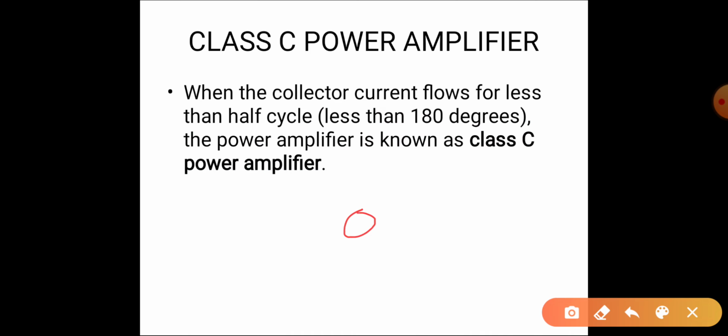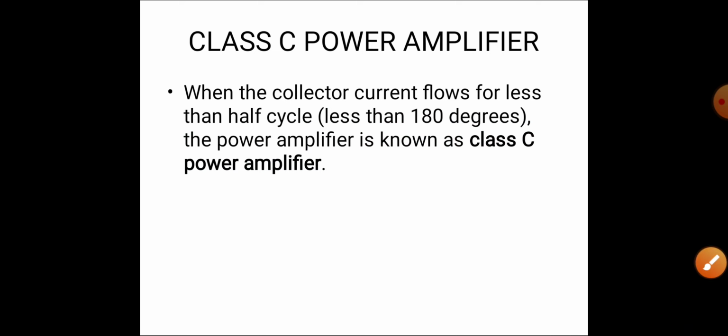So we can see theta is less than 180 degrees, maybe 150 degrees or 90 degrees, 100 degrees. The class C power amplifier is the highest efficiency power amplifier. We will see how this efficiency works in the next lecture. For now, just concentrate on the classification of power amplifiers. The class C power amplifier will give a conduction angle less than 180 degrees.